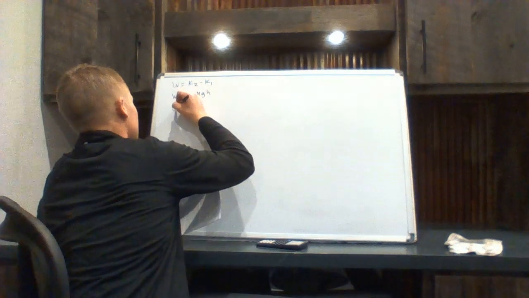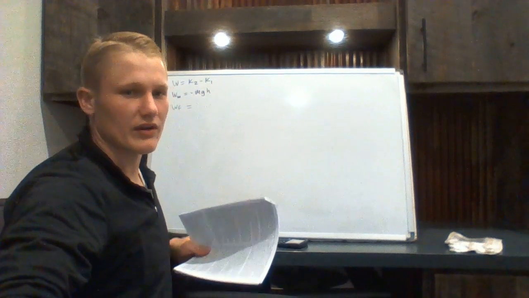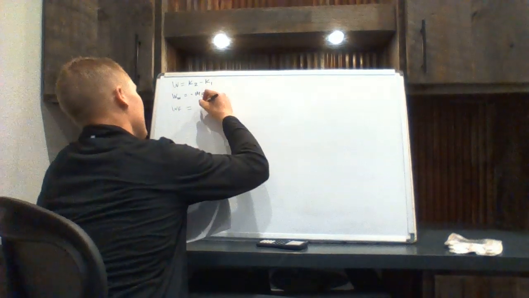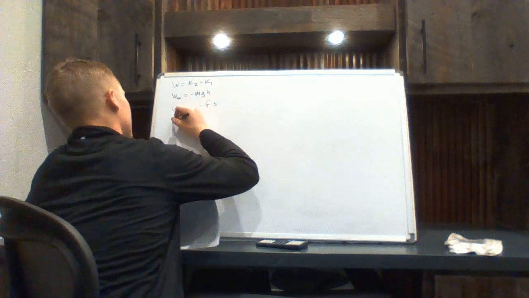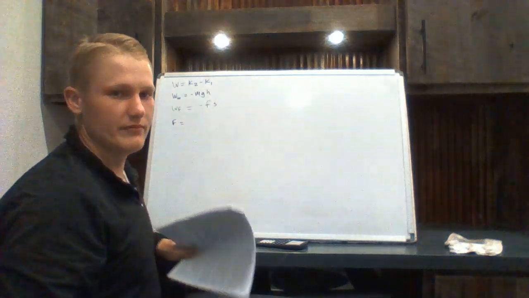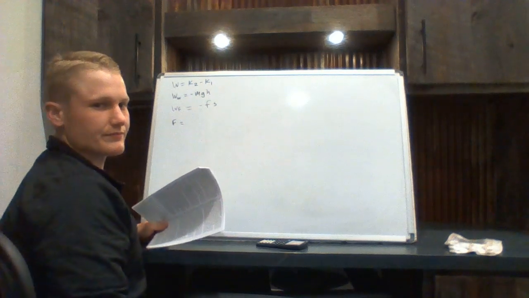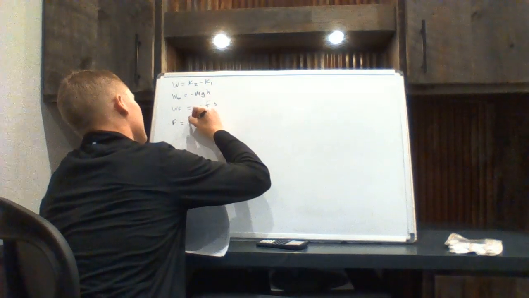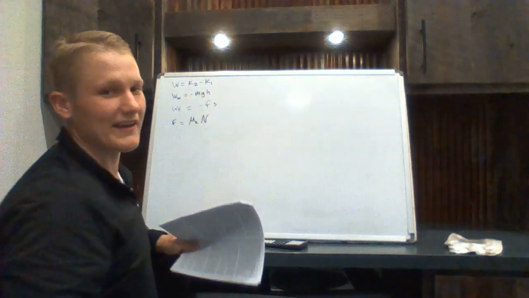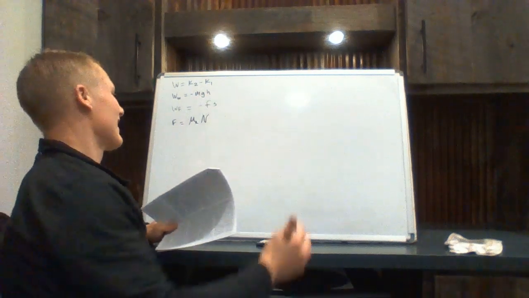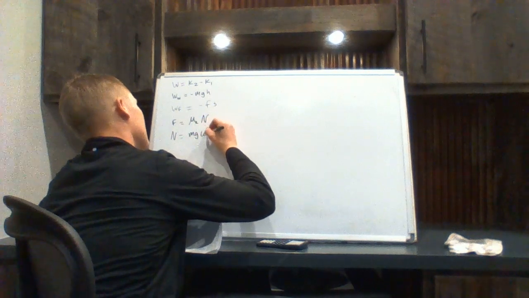Now the work of friction is more complicated. The work of friction is going to equal negative F times S, and F can be written as our coefficient of friction times N. And N can be written as mg cosine alpha.